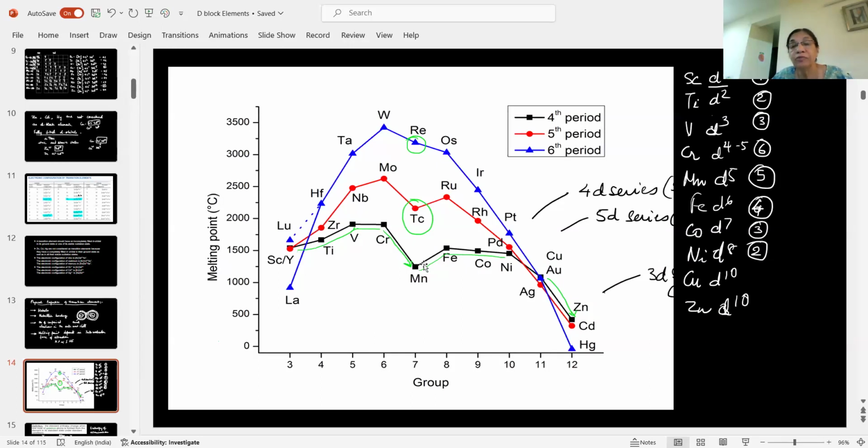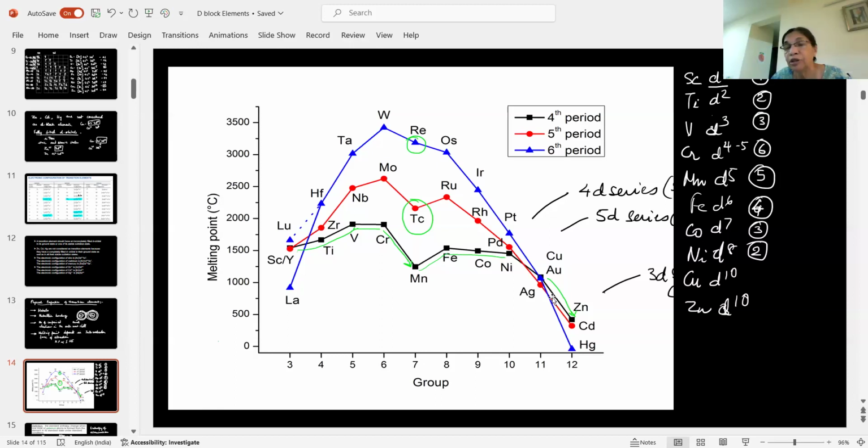Then again, when you come to manganese, you see a dip in melting point, because in manganese you have all the five unpaired electrons, which do not take part in metallic bonding. So the intermolecular force of attraction is less, and hence the melting point comes down. And then again, after manganese, here there are four, here five, here six.